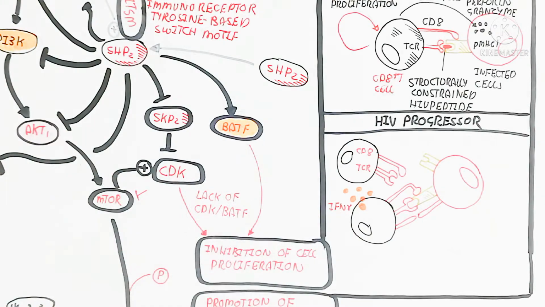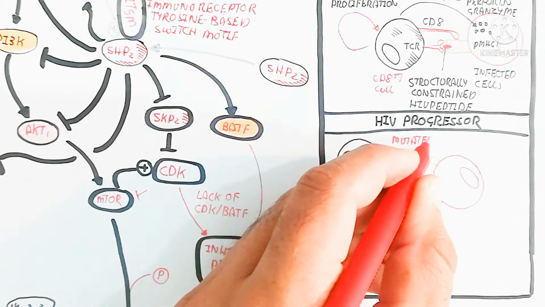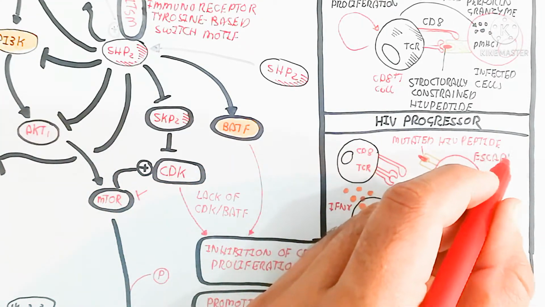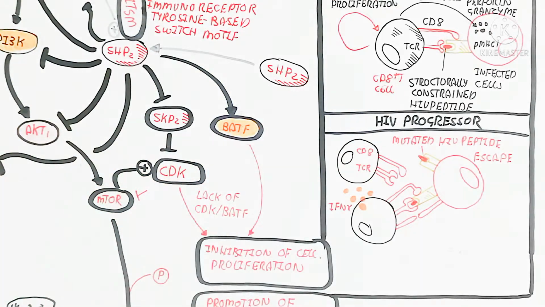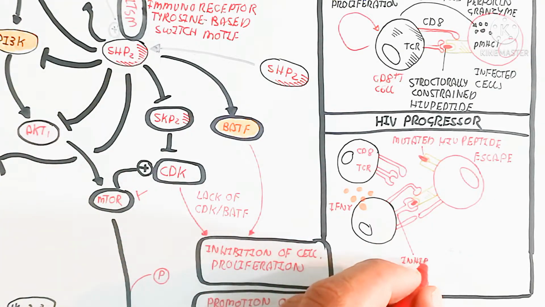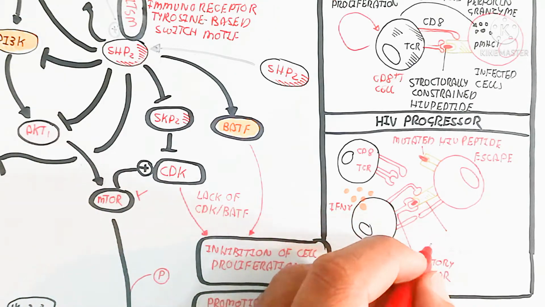In this way the infected cell will produce interferon gamma. But when the inhibitory ligand binds with the inhibitory receptor PD-1, inhibition will occur and the interferon gamma will not be produced, so the CD8 recruitment will not occur.